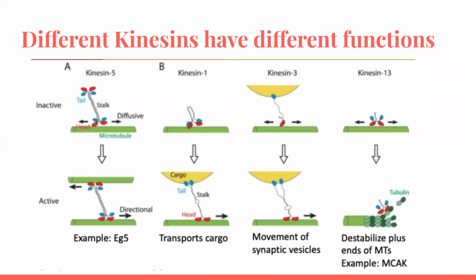Yeah, so these are the different kinesins and their families. So we have 5, 1, 3, and 13. So remember that 5 is the one that goes to the minus end.